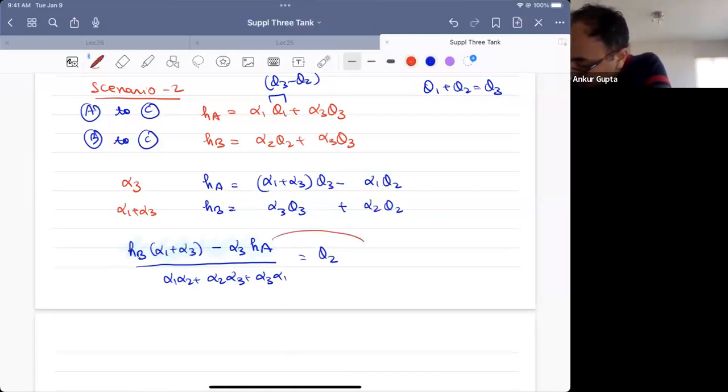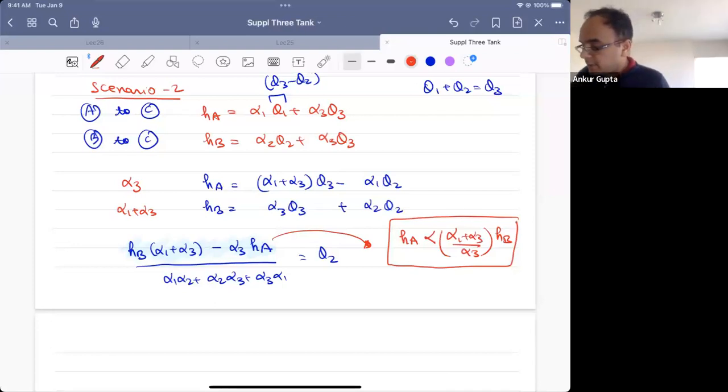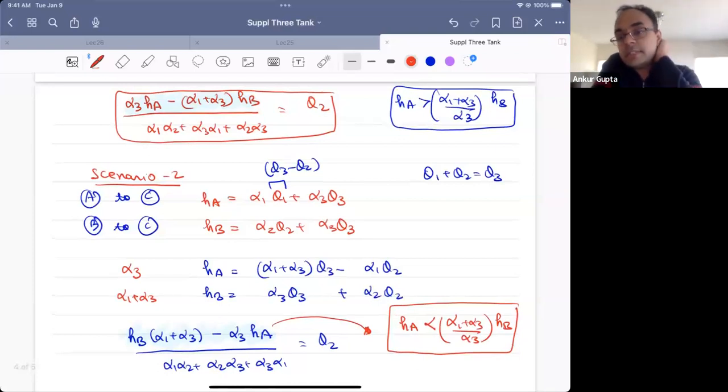And when this is positive, that means that HA should be less than alpha 1 plus alpha 3 by alpha 3 times HB. So if this is the case, then I will have this to be positive. And this is exactly the same condition, just the sign is flipped. In the top one, the sign is greater than, and in the bottom one, the sign is less than, which makes sense.